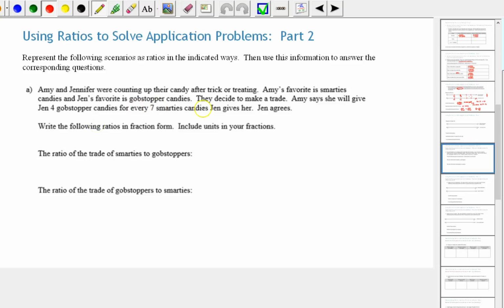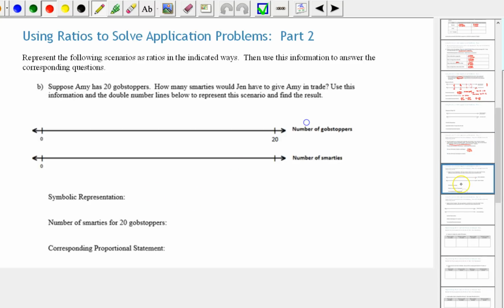So it says Amy will give Jen 4 Gobstoppers for every 7 Smarties. So the units are candies, the specific type are Gobstoppers and Smarties. So Smarties to Gobstoppers is 7 Smarties to 4 Gobstoppers. And then, of course, we'd write the reciprocal for the Gobstoppers to Smarties.